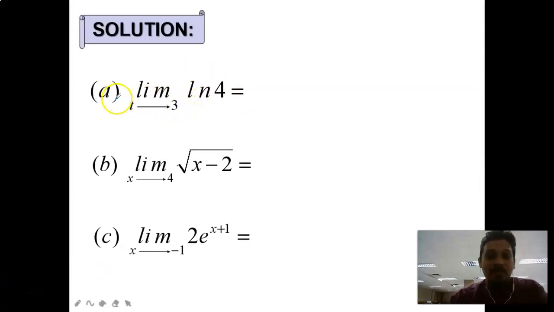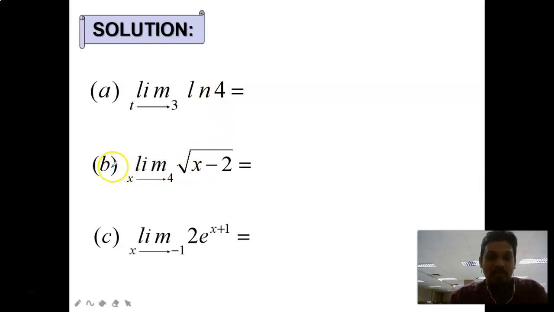The first example, a: the limit of the function ln 4 as t approaches 3. In this question, there is no variable or unknown t.